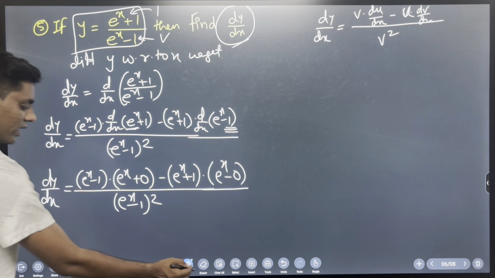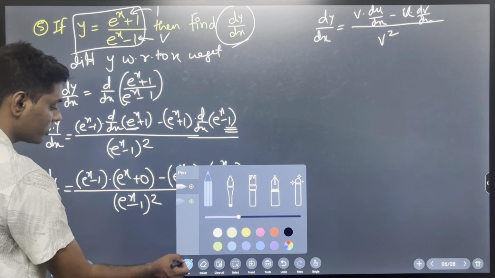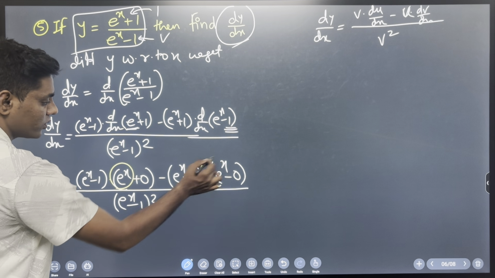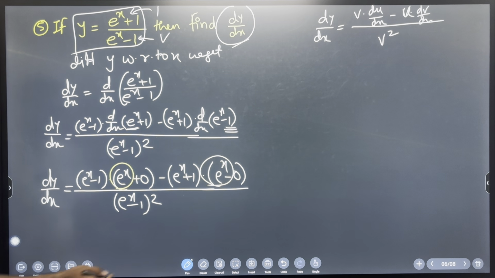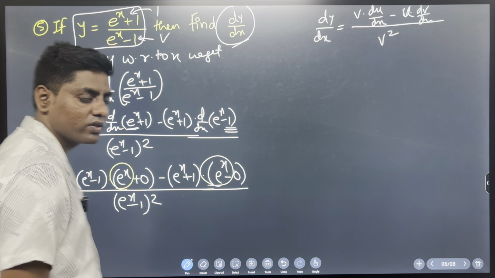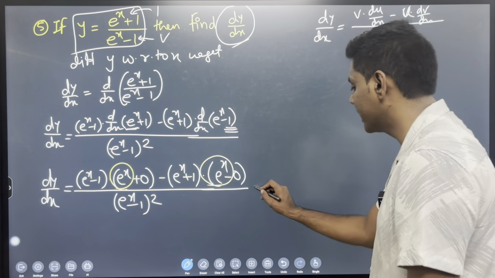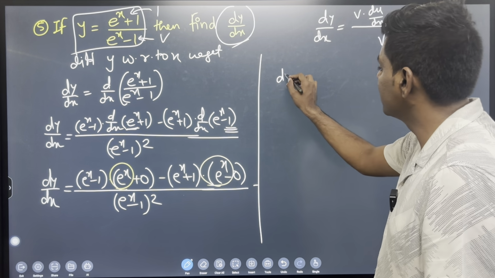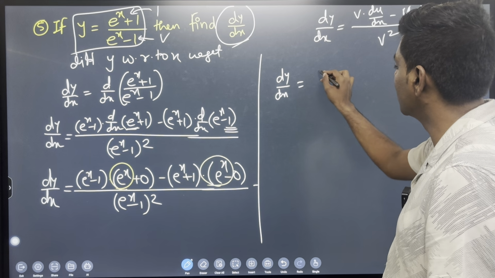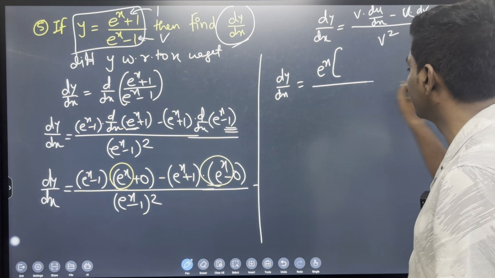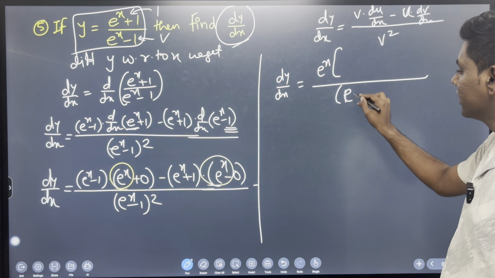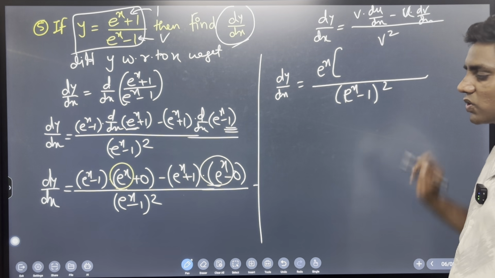From here, what is our observation? e raised to x is the same, so take it common. Once we take e raised to x common from the numerator, dy by dx equals e raised to x common in the numerator, and the denominator is as it is, e raised to x minus 1 bracket square.